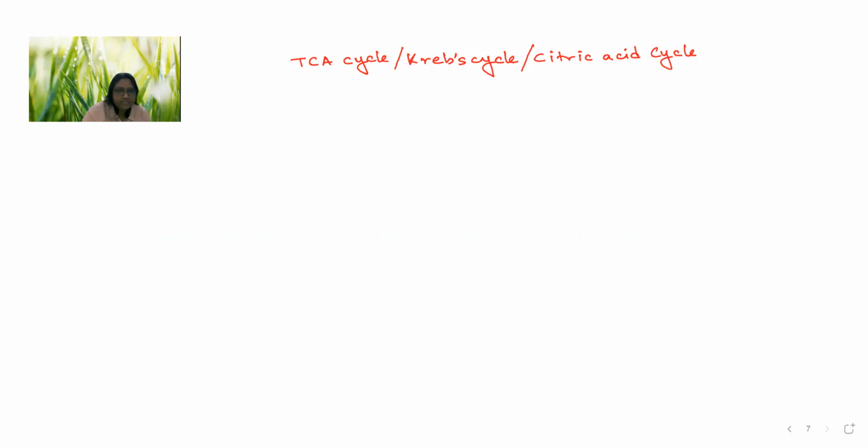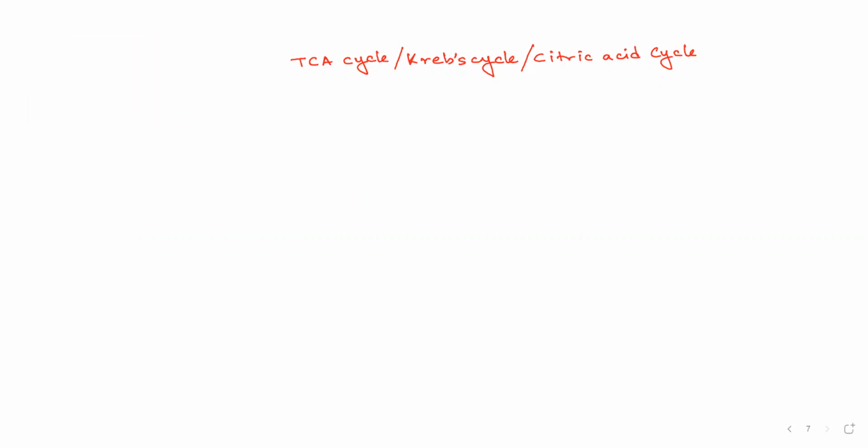Now I will draw the cycle and I request everyone to draw it with me so that we can practice this. I will start from pyruvic acid, because I just want to draw the whole aerobic respiration.